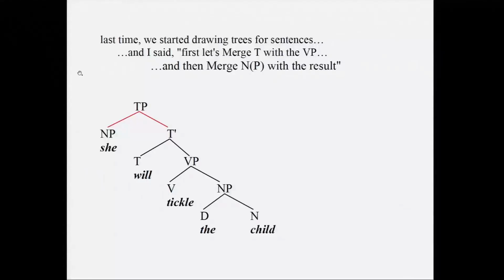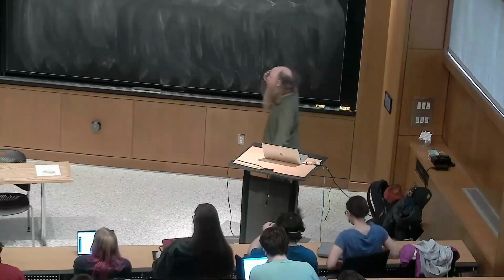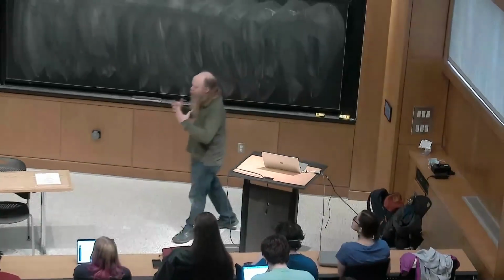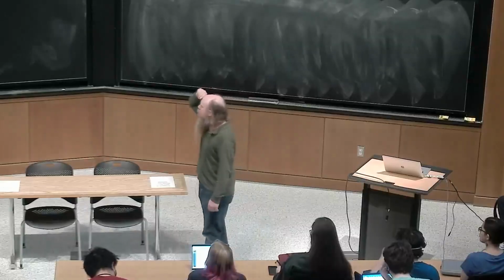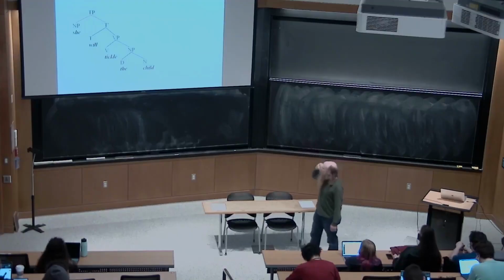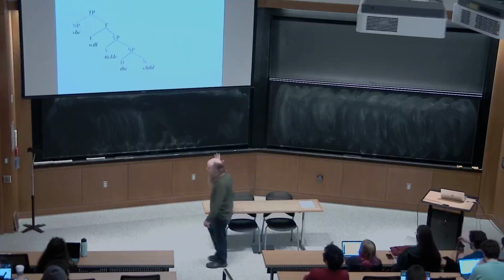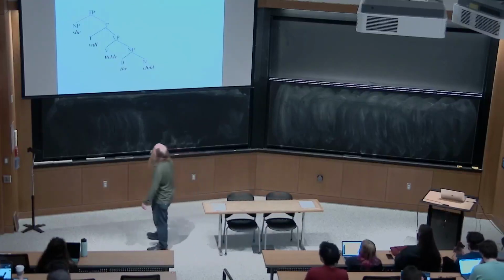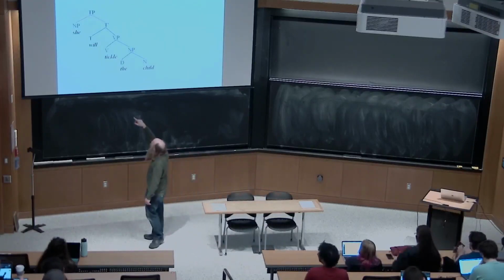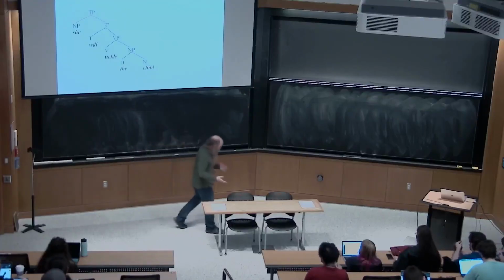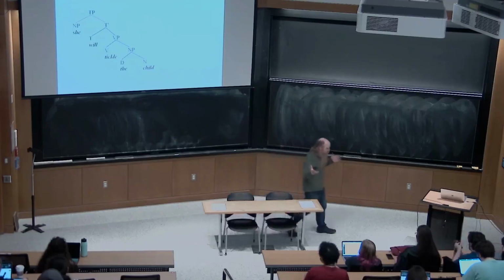And since, maybe you remember, phrase is just a name for the largest thing with a given label, that daughter of TP that we've got there, she, it's a noun, but it's now also a noun phrase because it's the highest thing with its label. That noun phrase and its sister, that T bar, become the daughters of this new node that we've created, TP.